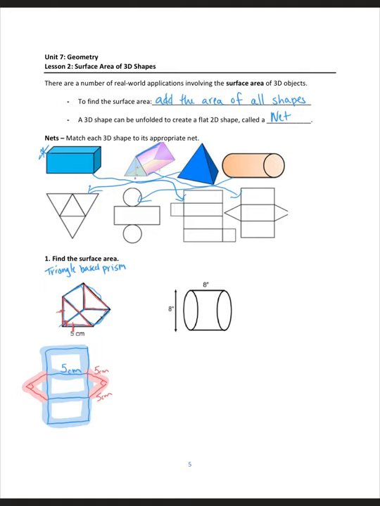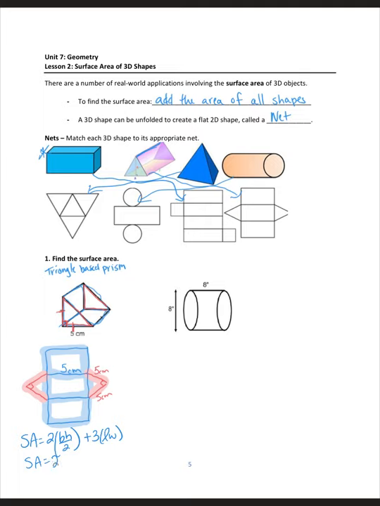The formula for area of a triangle is base times height divided by 2. Well, I have 2 triangles here, so I'm going to do 2, and then in parentheses base times height divided by 2. And then for our rectangles, they're all the same, so we're going to do 3 times length times width.